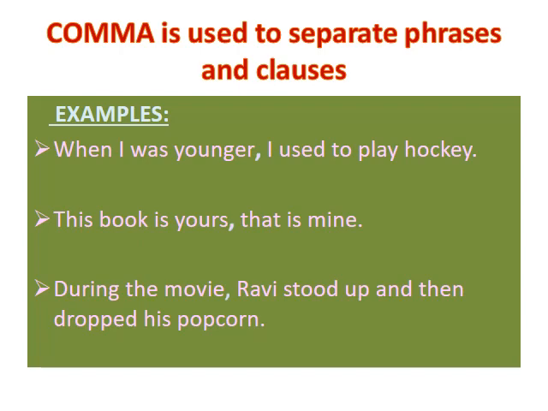Ravi stood up, Ravi dropped his popcorn, because the second clause is also about Ravi, referring to Ravi only. So the same name is not used repeatedly. So here the two clauses are combined with a coordinating conjunction and the phrase and these clauses are separated by the comma.